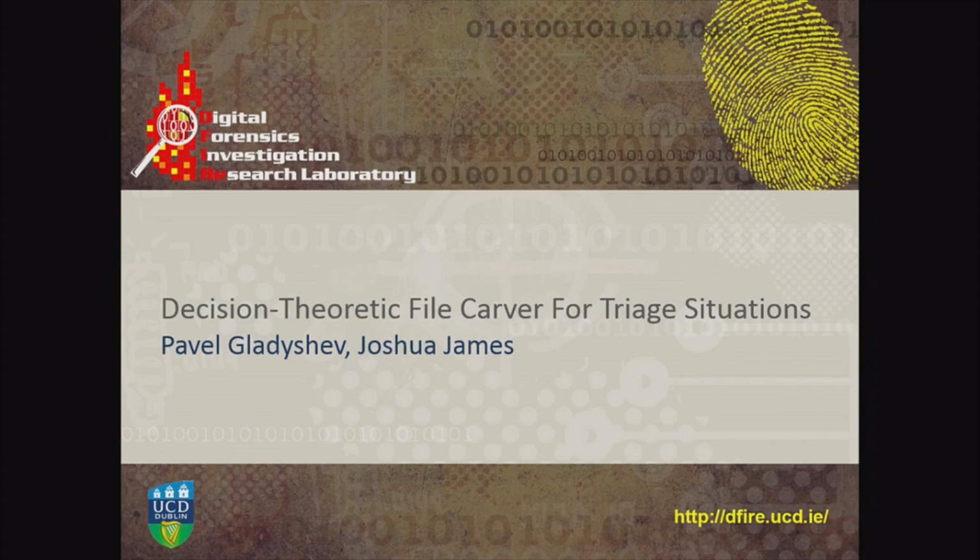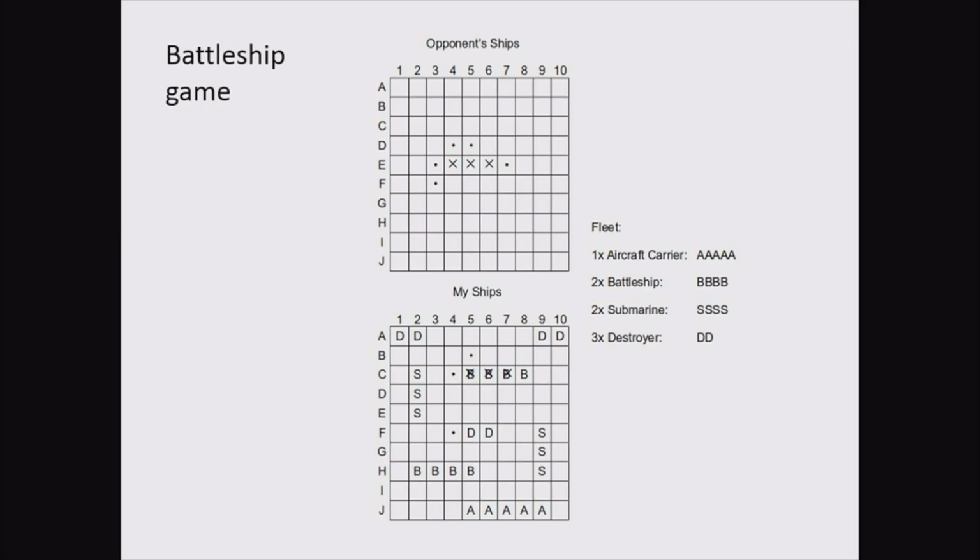And to give you an idea of what we did, I'll ask you, do you know this game? Have you ever played Battleship Game? You put ships on the map and then you try to hit in different places to discover where the ships are.